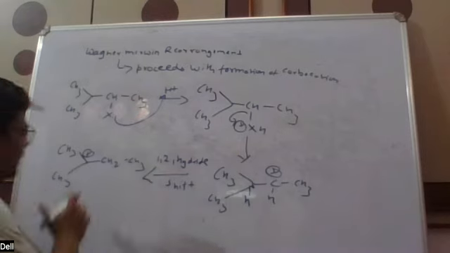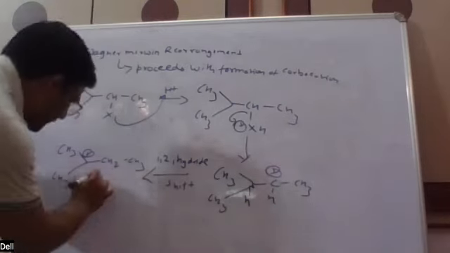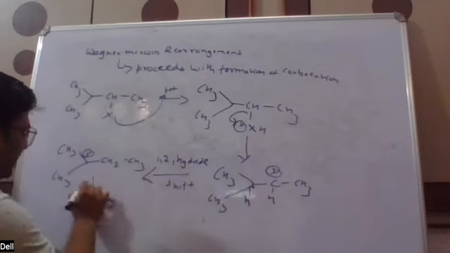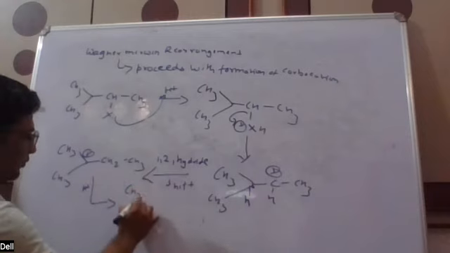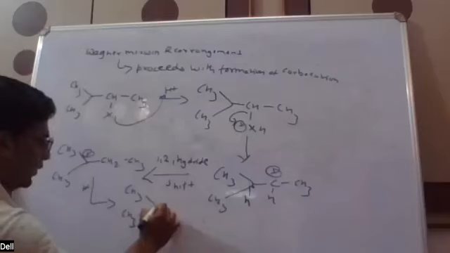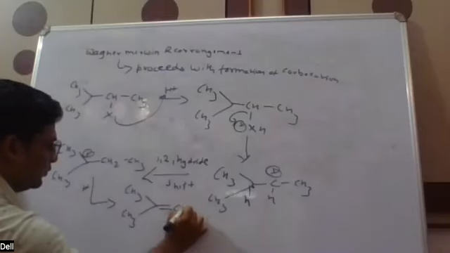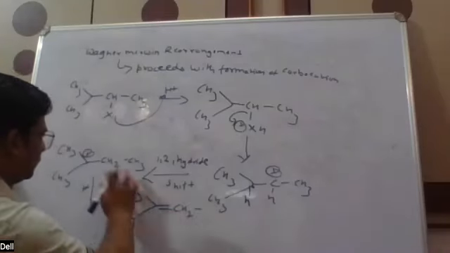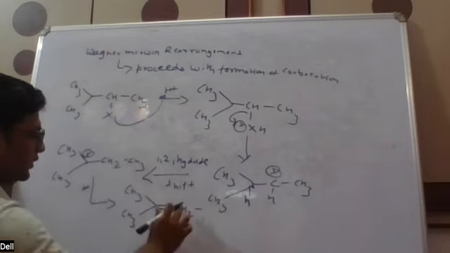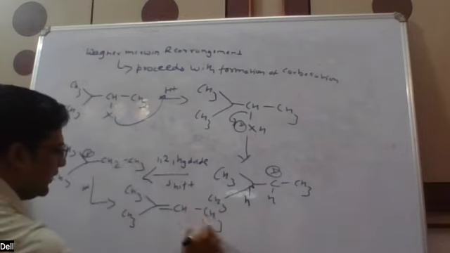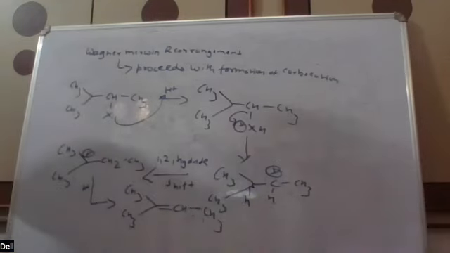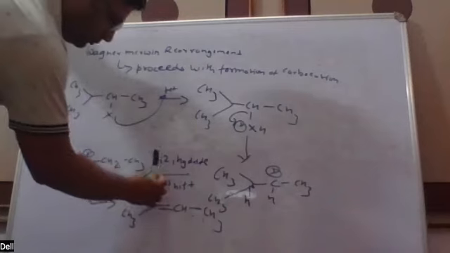Now this 3-degree carbocation can easily lose the H plus ion and lead to the formation of the alkene. So the rearrangement that is occurring here by the 1,2 hydride shift, that's why these are called rearrangement reactions.